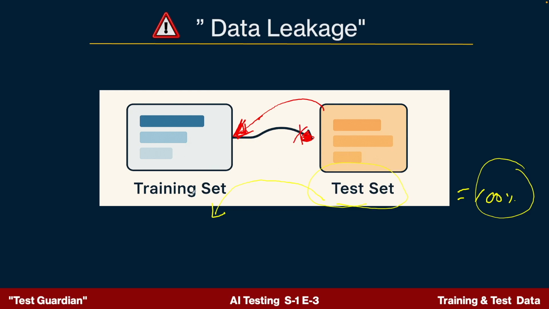And how are we going to handle this situation? Number one, keep the training and test data separate from day one, as soon as you get the data. Number two, keep an eye on your data pipelines. You have to make sure that they work accordingly.